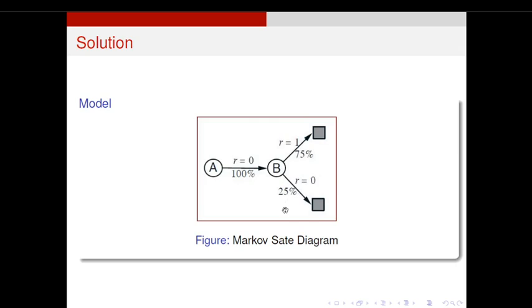So the total is 1. So the Markov conditions are satisfied. So it is called a Markov state diagram, which contains both reward and probability. So the Markov reward process is a model. Now we have to identify the state values. Okay, now look, the end terminals always possess 0 state value.